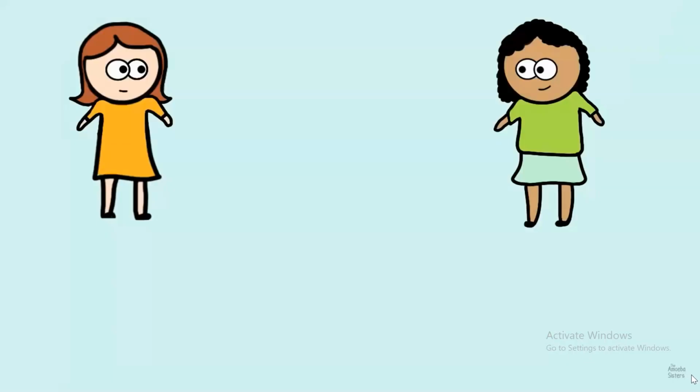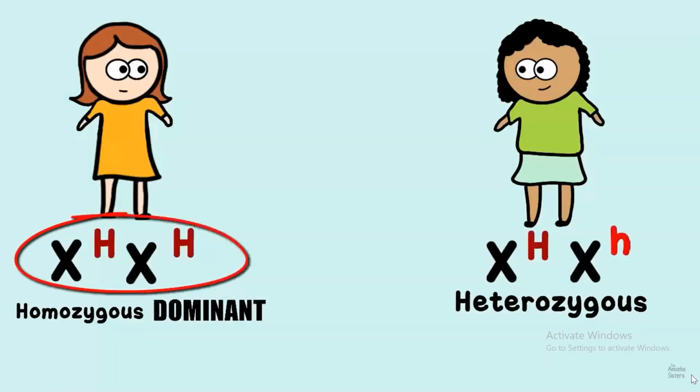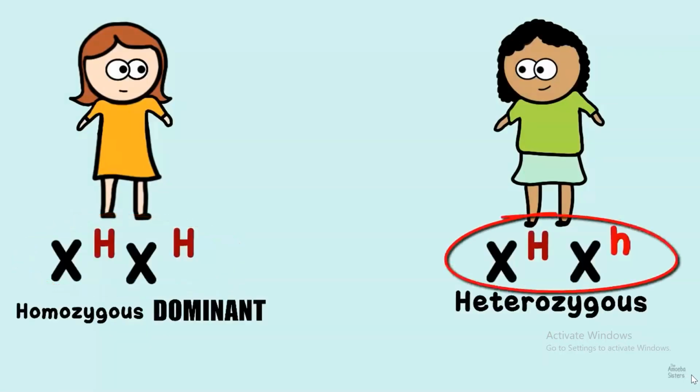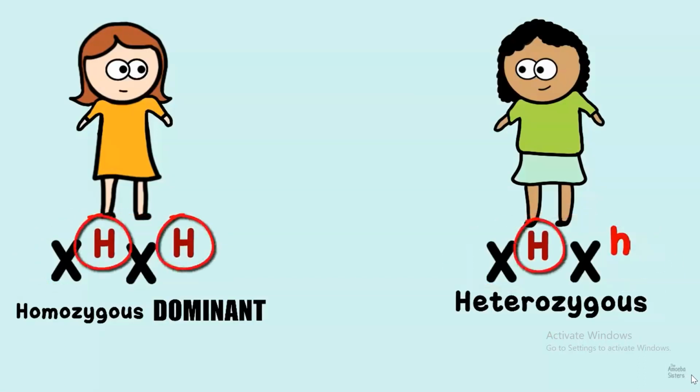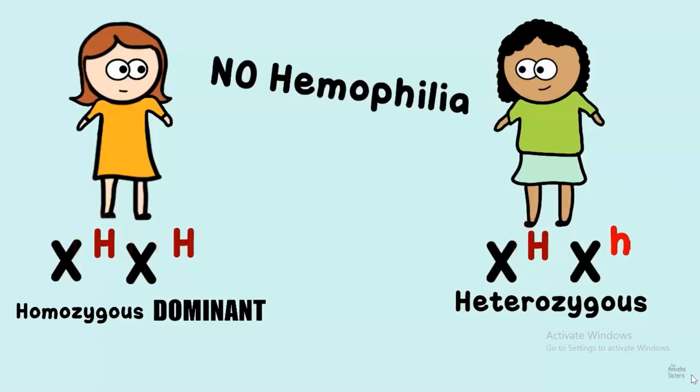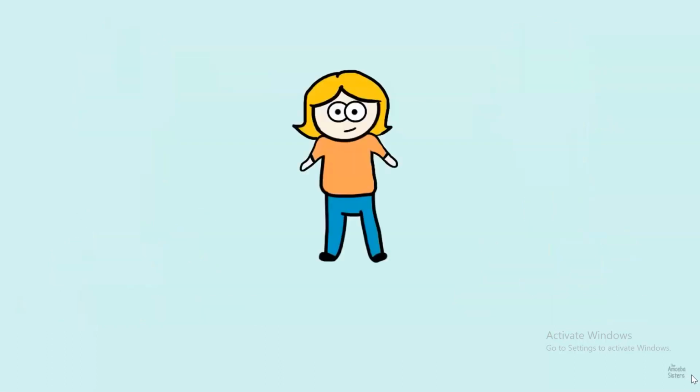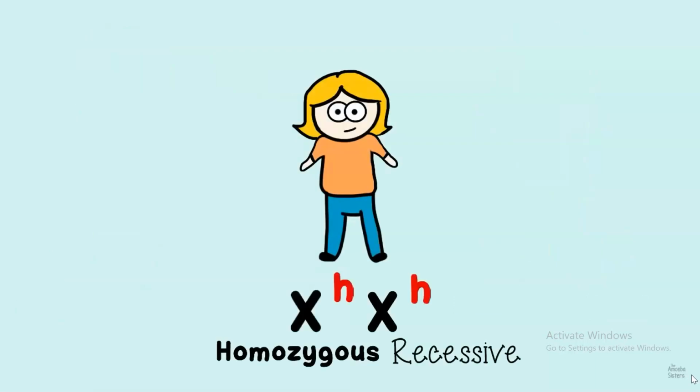A woman that does not have hemophilia could have the genotype X^H X^H, or X^H X^h, because as long as she's got at least one dominant allele, that dominant allele will be what shows. So no hemophilia, since again, hemophilia is a recessive sex-linked disorder. The only way for her to have hemophilia would be the genotype X^h X^h, because only when there is no dominant present will that recessive show up, at least in this type of trait.